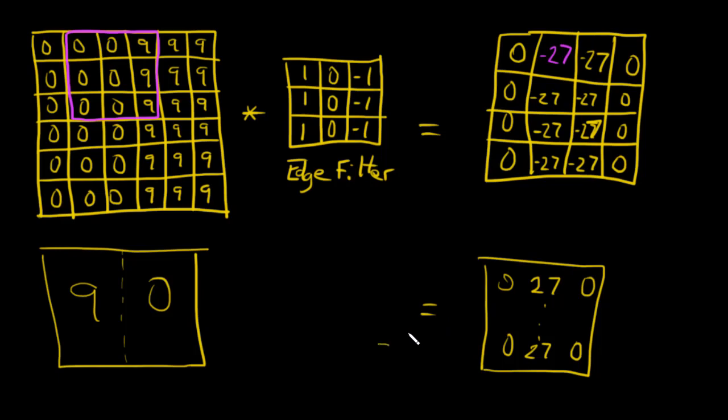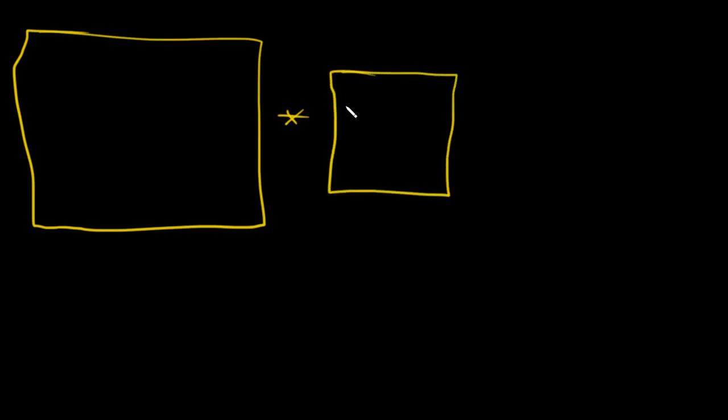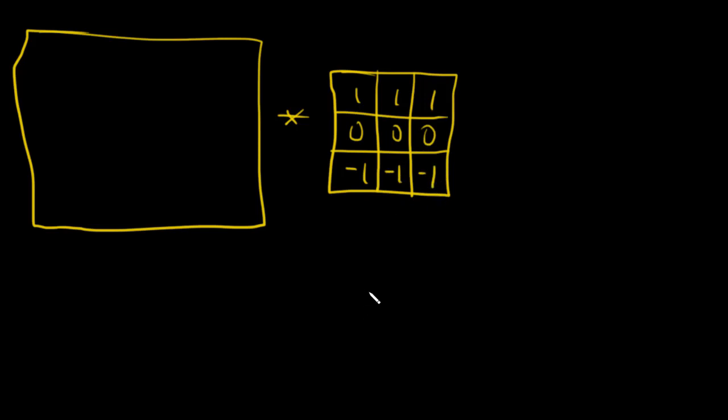if I clear the board, let's see here. Now, instead of using a vertical edge filter, what would happen if I had my large 6x6 image and I convolved it with an edge filter that looked like this? I can draw the lines in. I'm going to have 1, 1, 1, 0, 0, 0, negative 1, negative 1, negative 1.